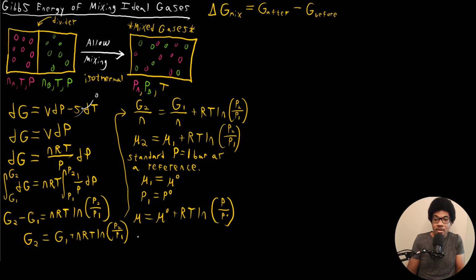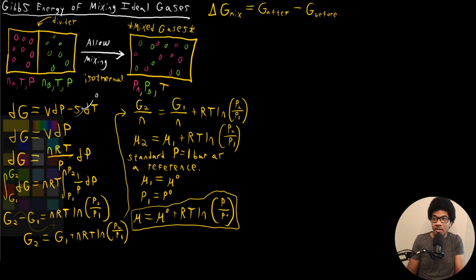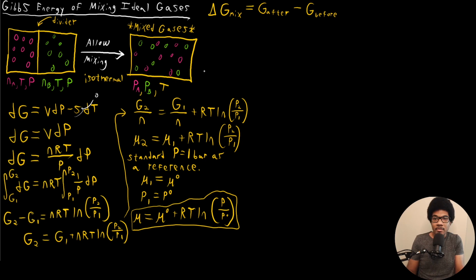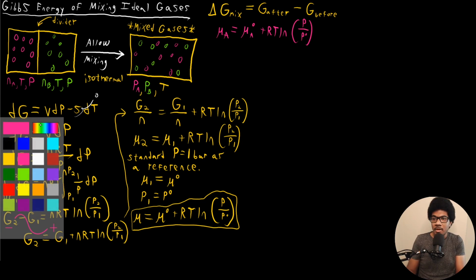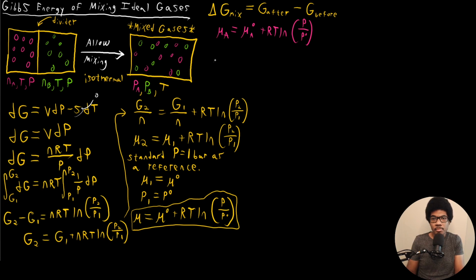So now we can use this expression to define chemical potentials for each of our components here in the gas mixture, right? So we can define a chemical potential for A. Well, that's just going to be mu A naught plus RT ln P over P naught. And the same thing for the second component, right?